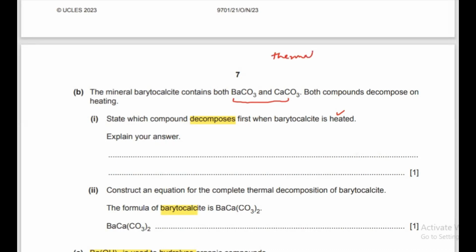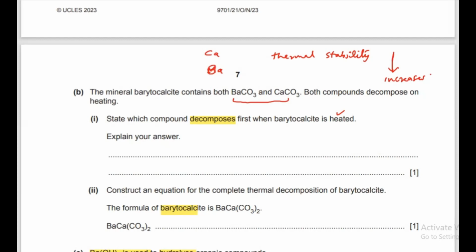According to your syllabus, the thermal stability of group 2 carbonates and nitrates increases down the group, meaning the carbonate of the element present below another element in group 2 is more stable. More stable means it requires more temperature to decompose. If we look at the position of calcium and barium, barium is below calcium. So barium carbonate needs more temperature to decompose as compared to calcium carbonate.